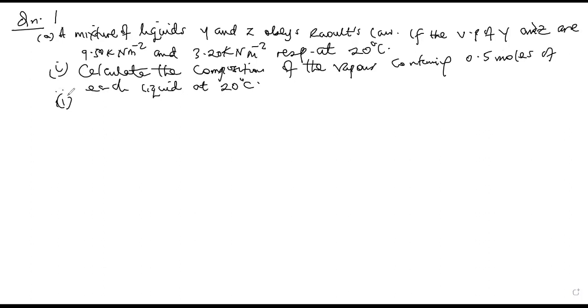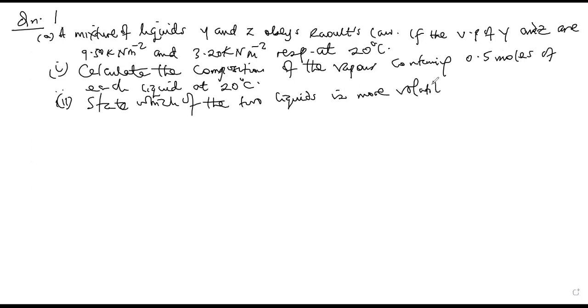Roman 2, state which of the two liquids is more volatile. Give a reason for your answer. Now, this first part was attempted in video 3, lesson 3, where we had calculations involving Raoult's law. So that one can work.